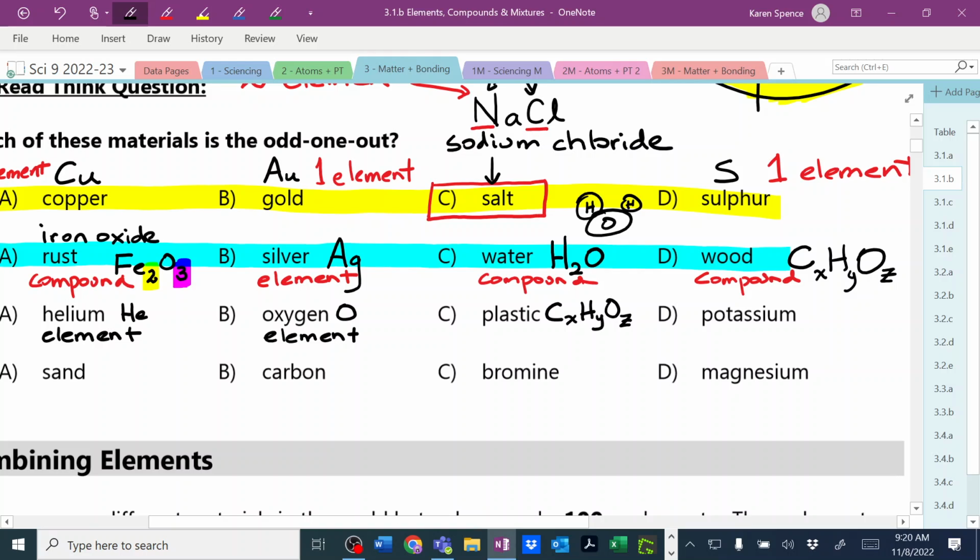So is plastic an element? Why not? Tell your partner, why is plastic not an element? So why is plastic not an element?